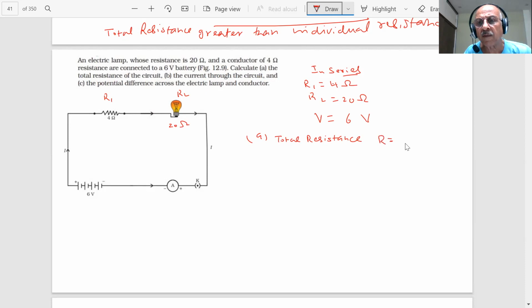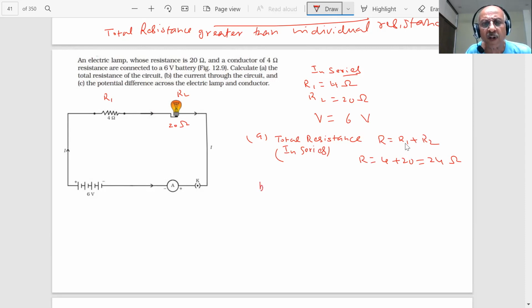R will be R1 plus R2. So what will be the value of 4 plus 20? 24 ohms. The total resistance of the circuit is 24 ohms.